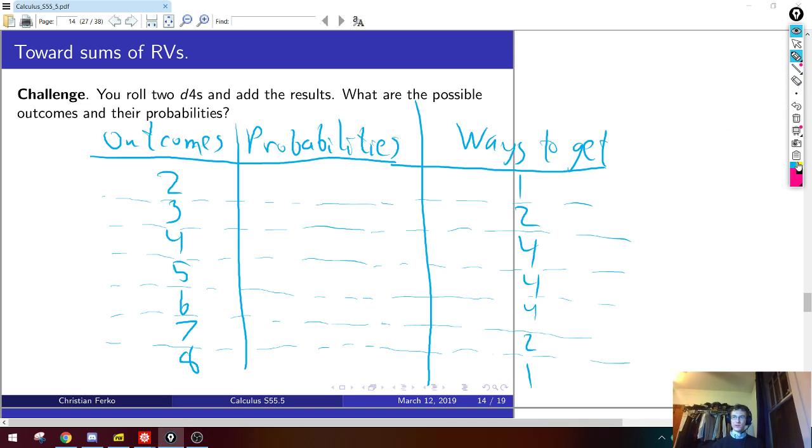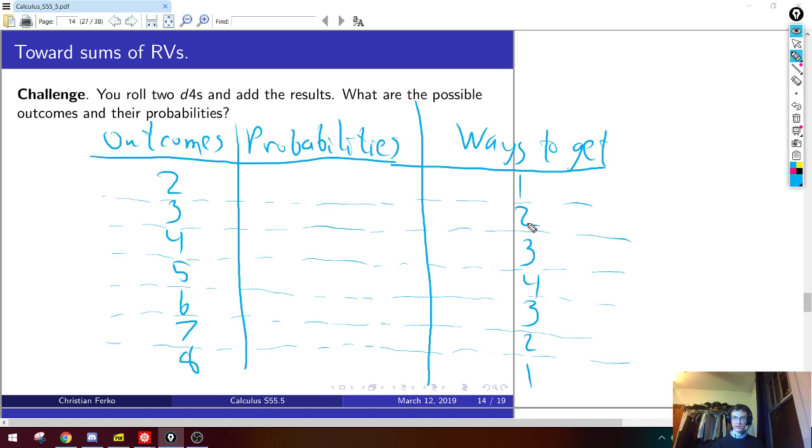Okay, so I fooled myself. The 4 should have just been 1 and 3, 2 and 2, or 3 and 1. So there should have only been 3 here. The double rolls of 2 are not unique. Yeah, 2, 2 is the same as 2, 2, in other words. Good.